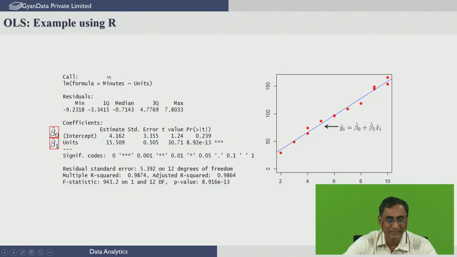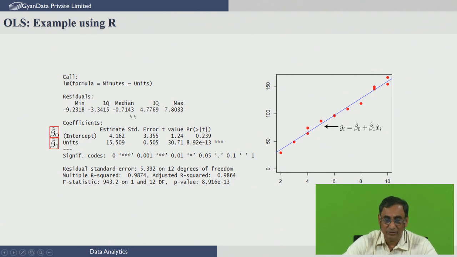In this case, we have indicated minutes as the dependent variable and units as the independent variable, and these are variables that form part of the data set. They are defined as these variables, and therefore you are using them. So, loading of the data set you would have already seen. lm is the one that you use to build the model. You indicate what is the dependent and independent variable, and then you will get an output that is given here.